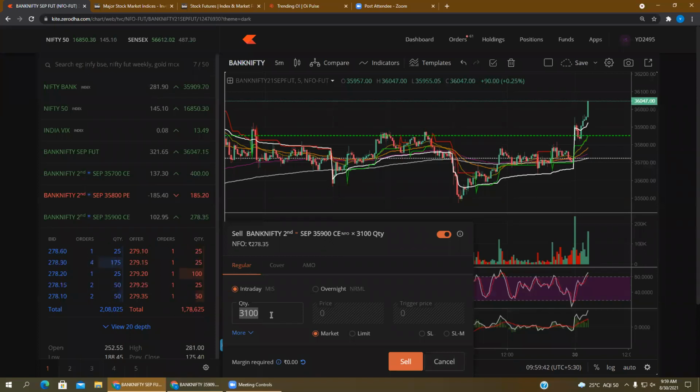Let's see, next candle can be really good. So very good candle. It has volumes also. Everything is fine.